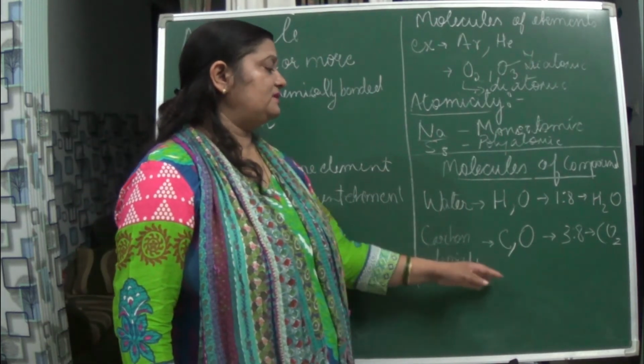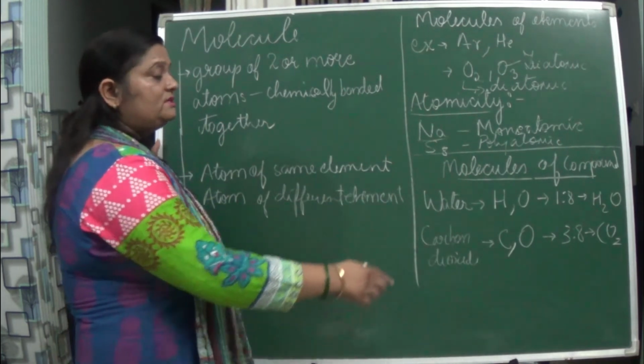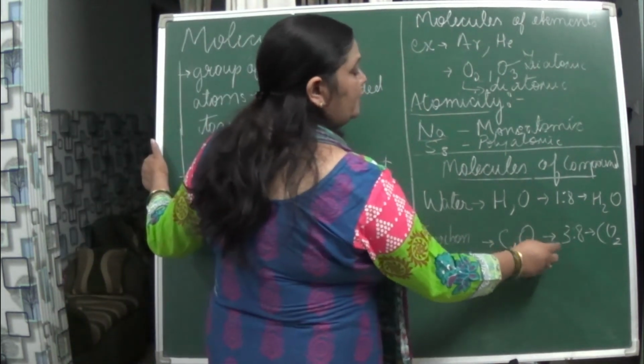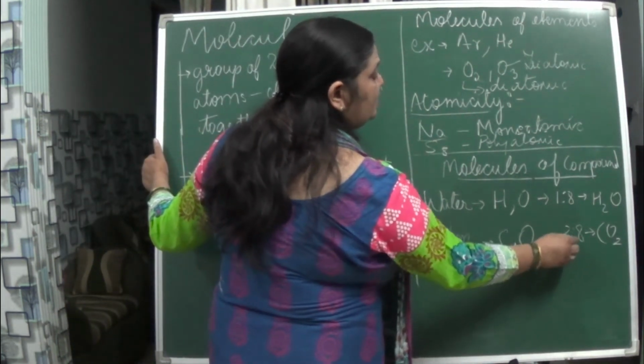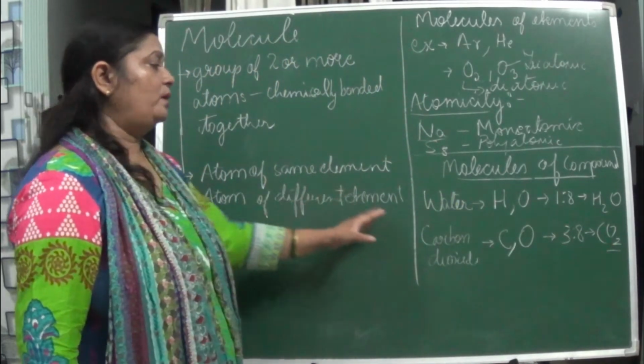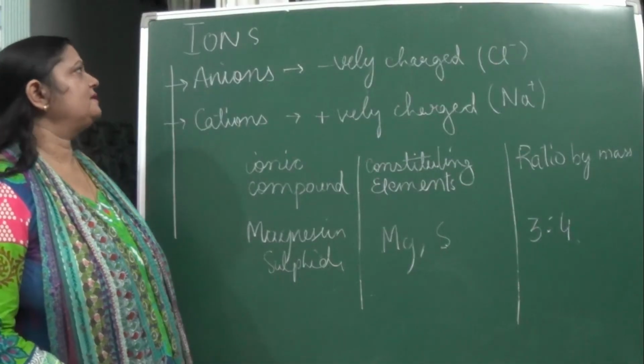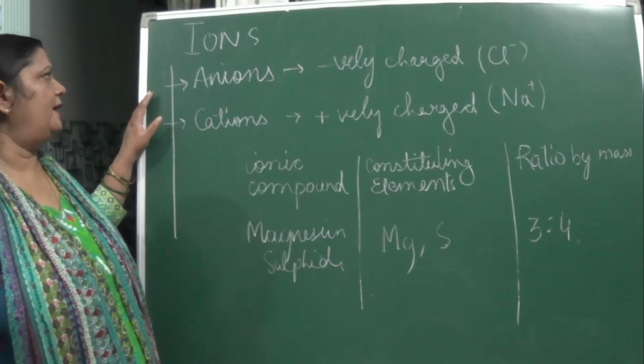Likewise carbon dioxide, carbon and oxygen have reacted together in the mass ratio 3:8 to get CO2. So these are all molecules of a compound.